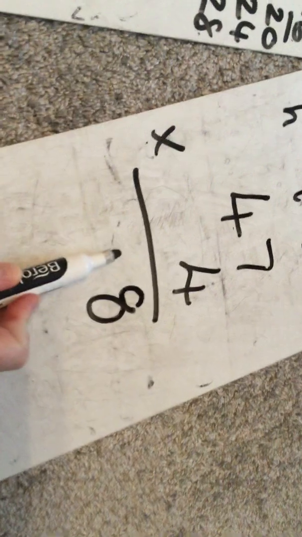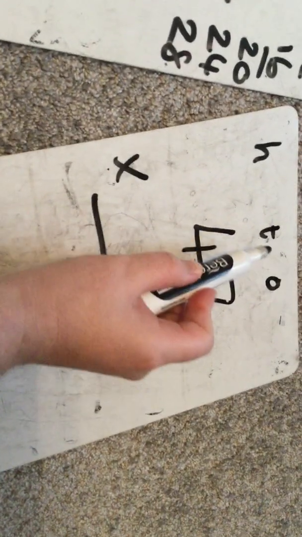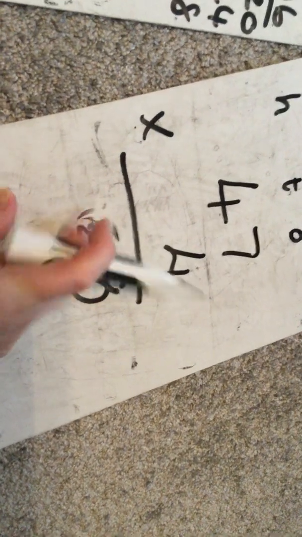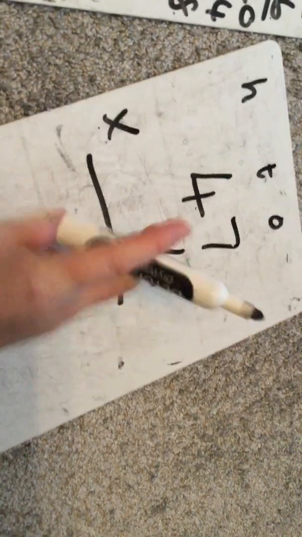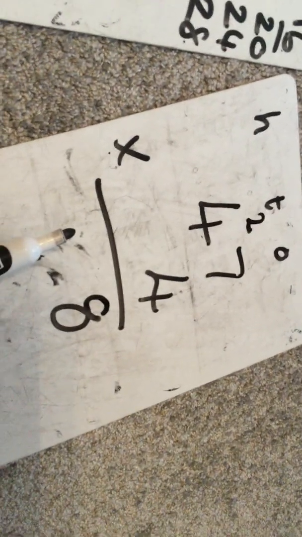Now, instead of putting our 2 in here, we're going to put it at the top in the tens column. 28 gives us 2 tens. Instead of putting it in the answer box, put it up there for later on. Then we move on to our tens, just as we've been doing.